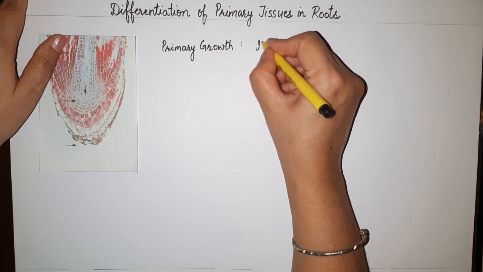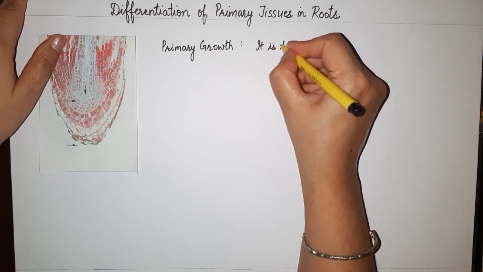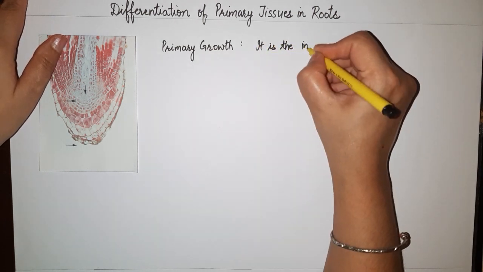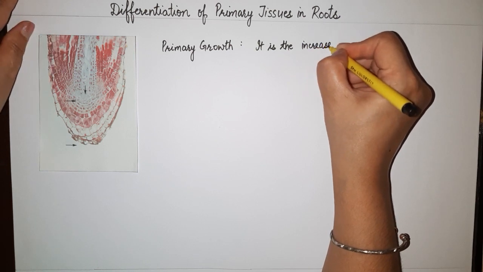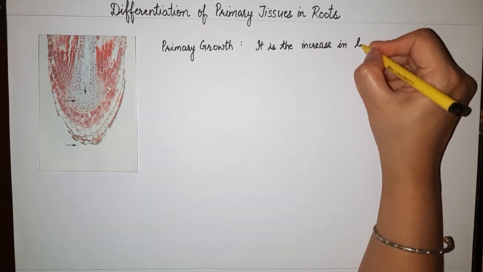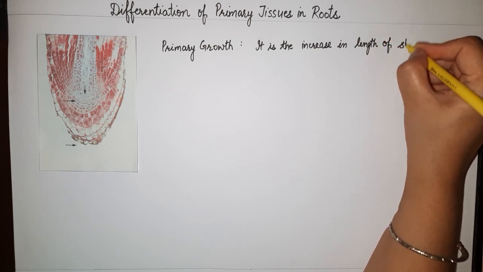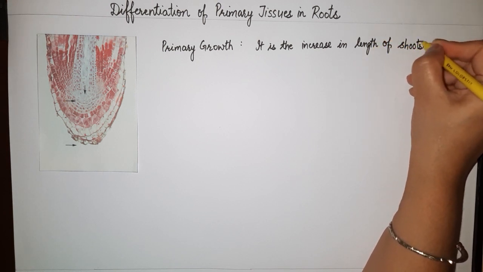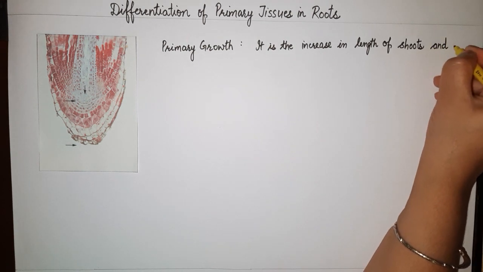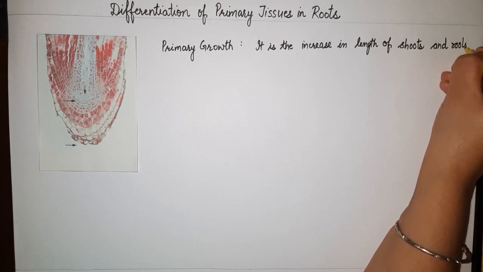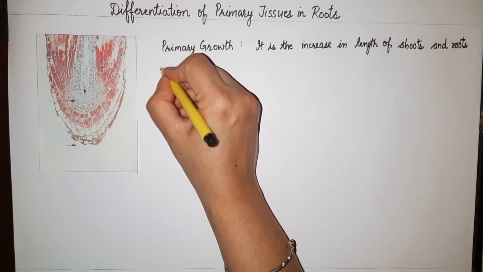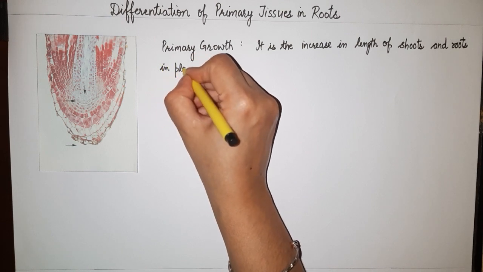Primary growth is the increase in length of shoots and roots in plants.